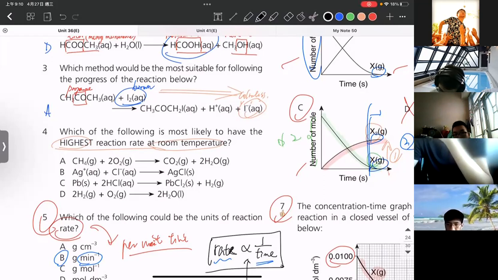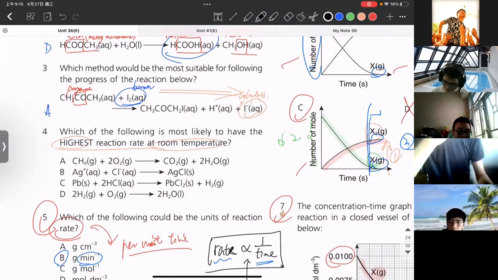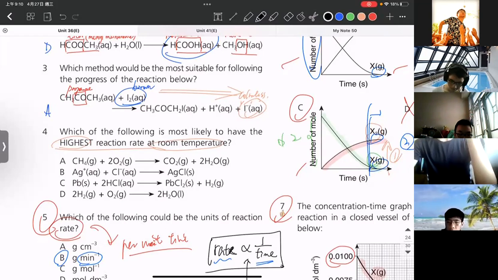Physical. Is a chemical change a physical what? You would like to go back to Form 3? All 4 are chemical changes.